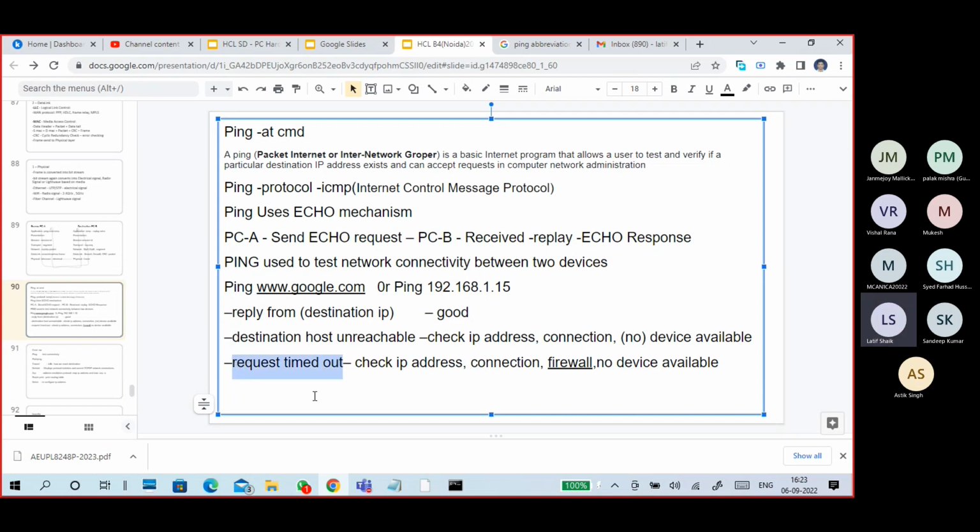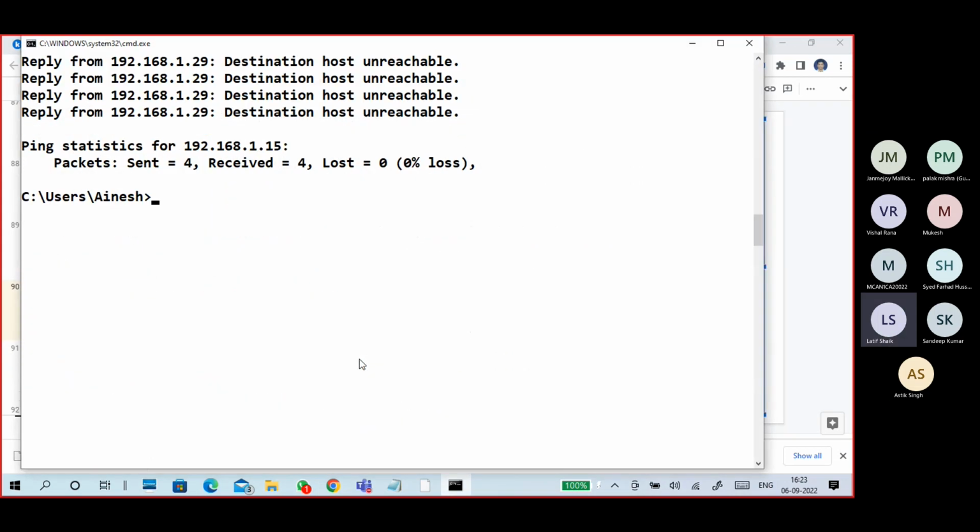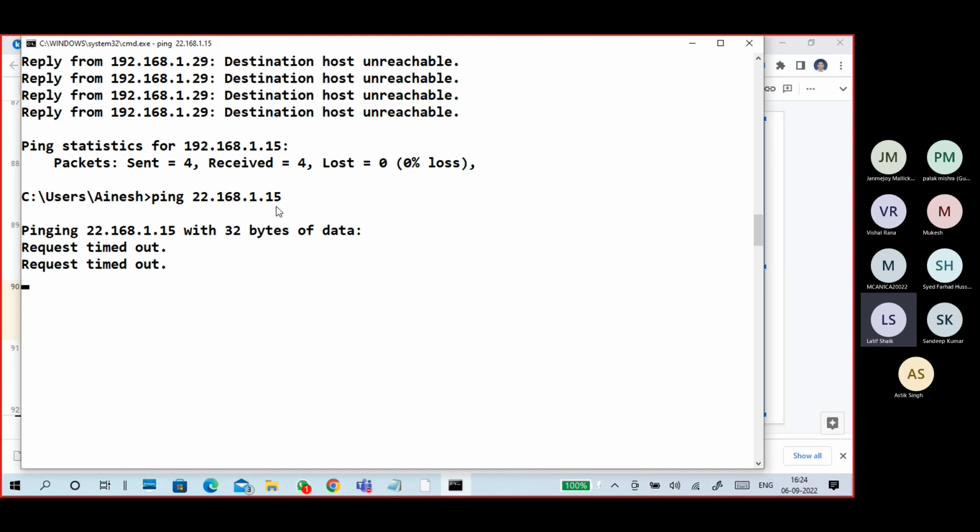The third one is request timed out. Try to ping some IP address which looks like a public IP, definitely not a private IP. Are you getting a request timed out?